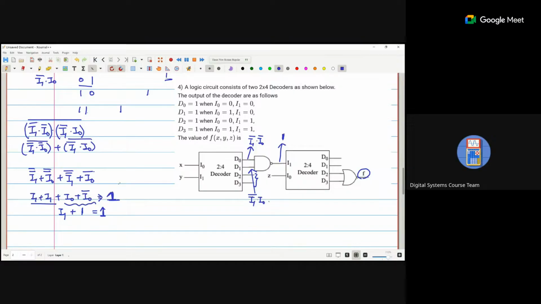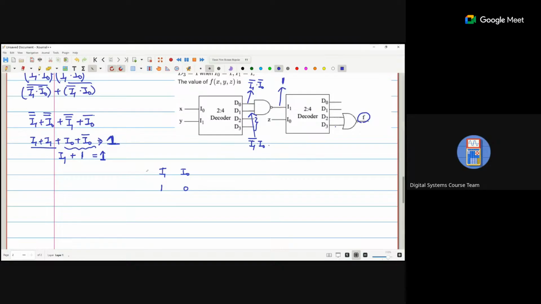Now for D2 and D3, we see that I1 is always 1, and I0 is either 0 or 1.